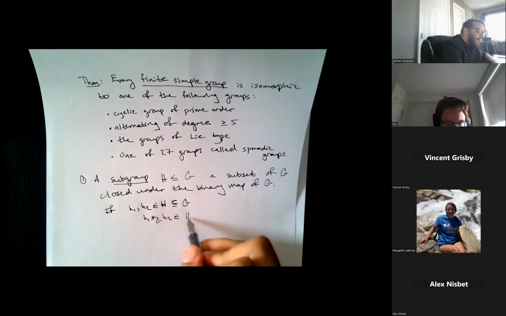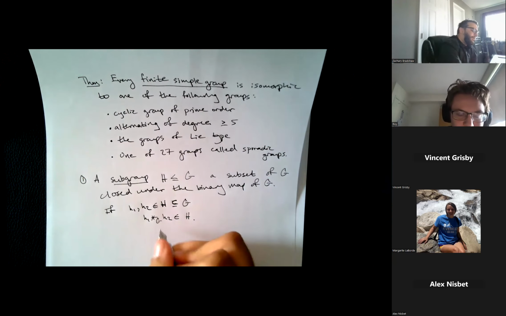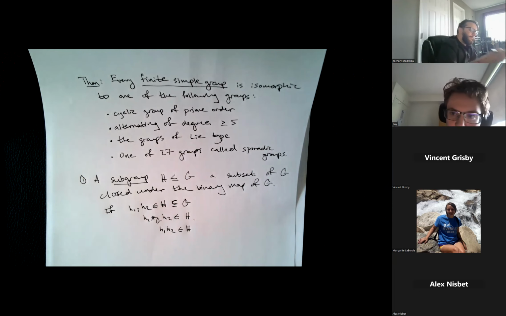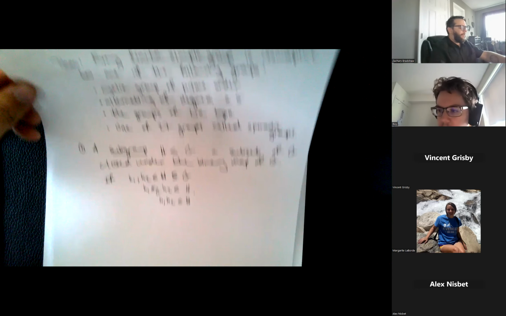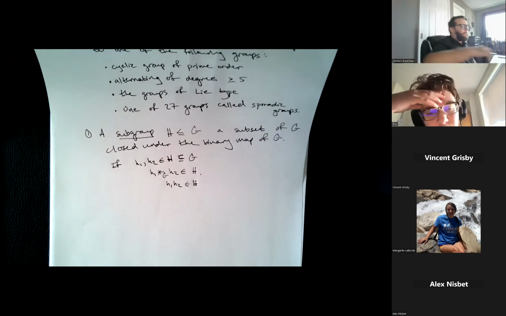And this thing is also inside of H. Or in the notation that I'm trying to switch to, that means that h1 times h2 is still in H. All right. So if you have this property, you're called a subgroup. So the idea is that you're just a group in your own right, but you live inside of another group.